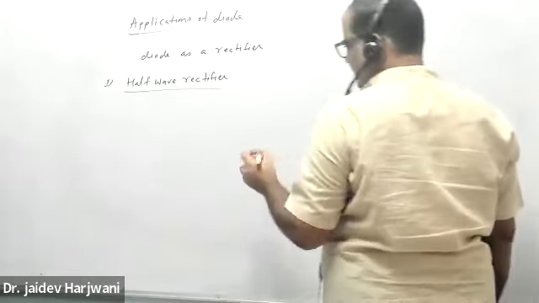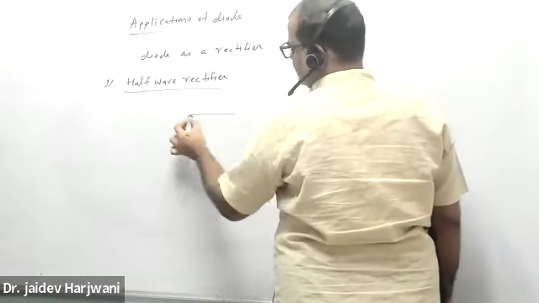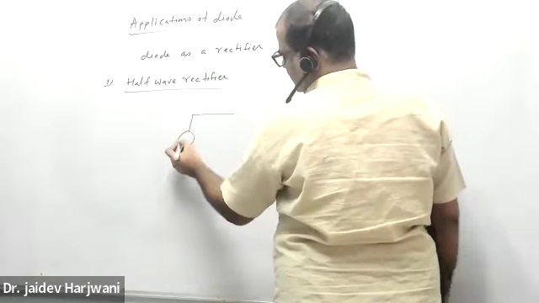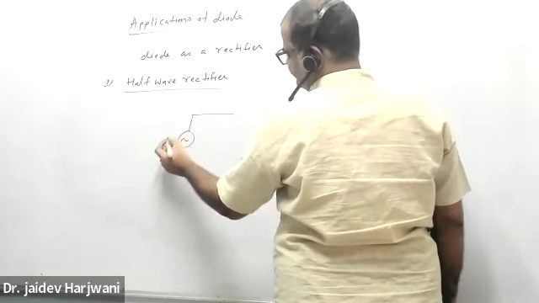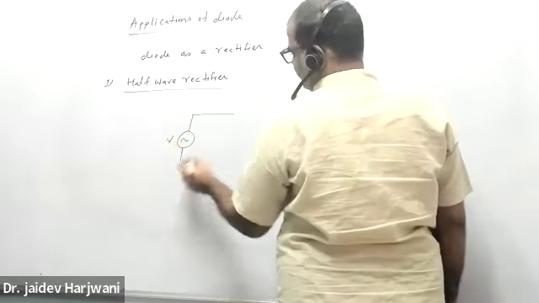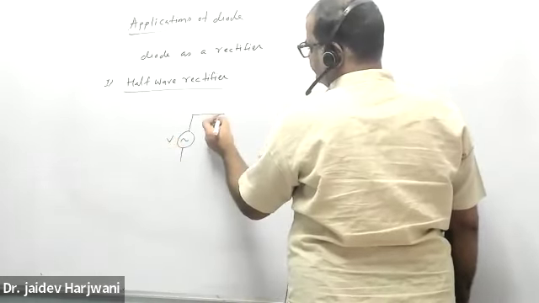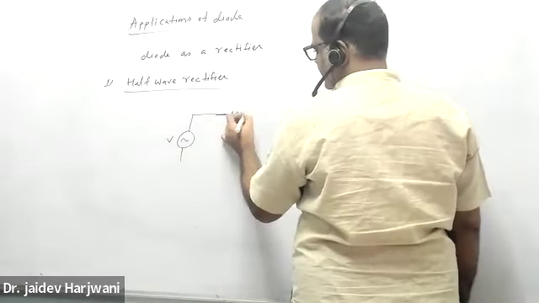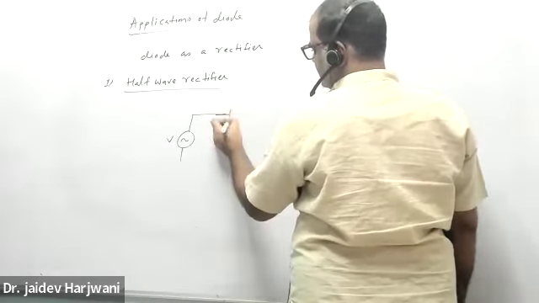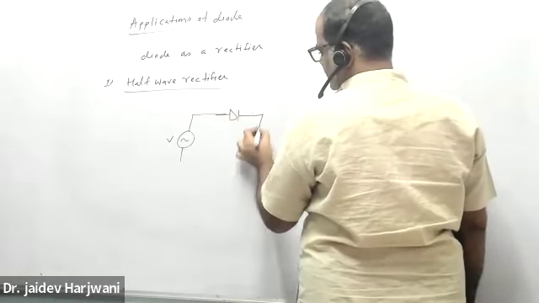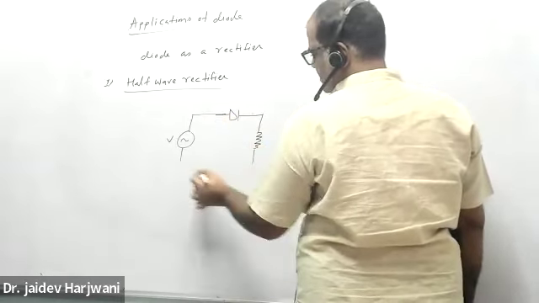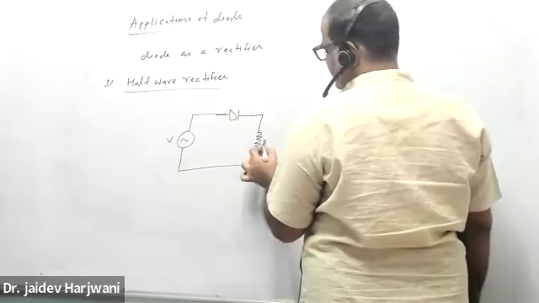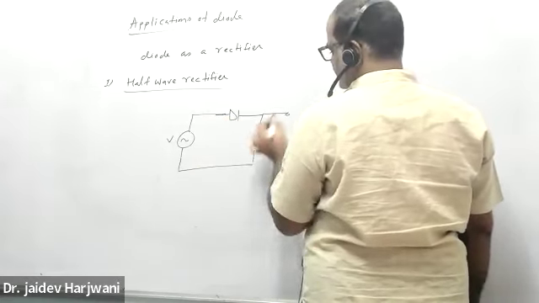Now say you have a source. It's an AC source, or time dependent source. Here you have a diode and here you have a resistance RL, load, where you're taking the voltage.